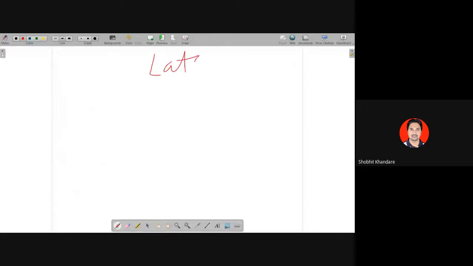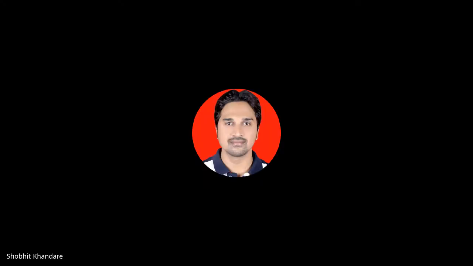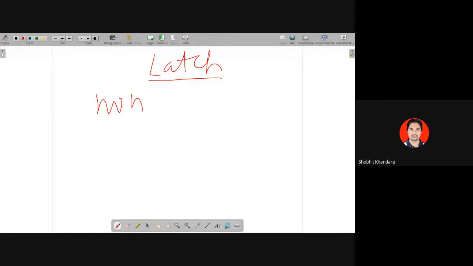Now we will proceed to the latch. We will see what is the latch now. First, as per the definition, your latch is a non-clocked flip-flop. Doesn't have a clock, so can I say it is a non-clocked flip-flop? Yes, it is. A flip-flop consists of a latch as well as a clock.